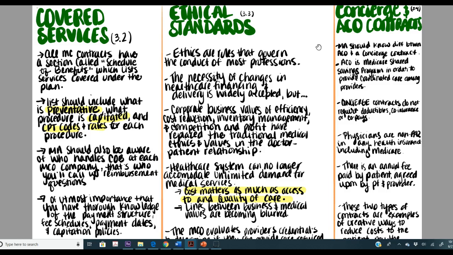So the healthcare system realistically can no longer accommodate the unlimited demand for medical services, and the reality is that cost matters as much as access to and the quality of healthcare being delivered. So the result is that the lines between business and medical ethics and values have become blurred.